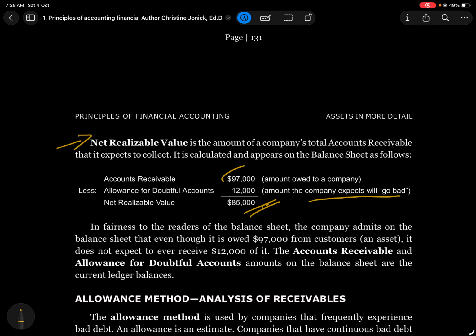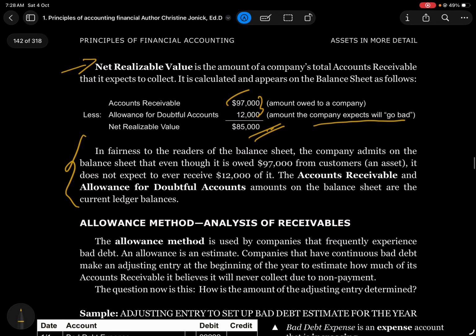Normally in the disclosure side of things, we present this on the balance sheet. Since allowance is a contra account, whenever we look at the balance sheet, we would be looking at these together.